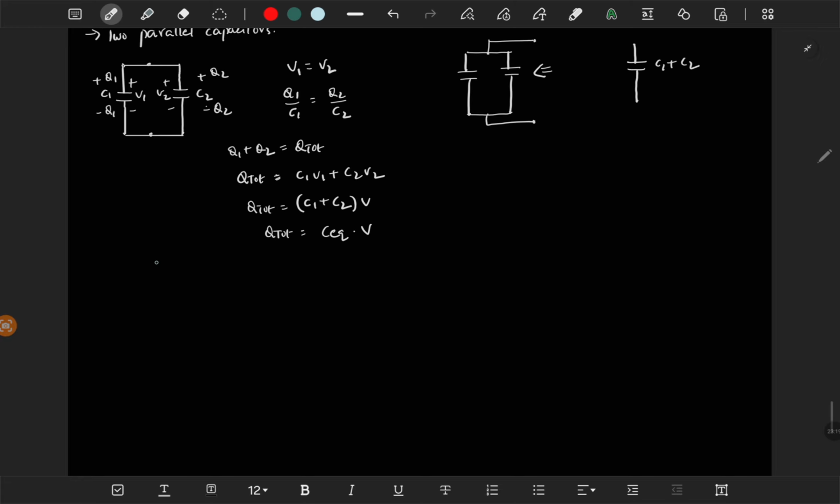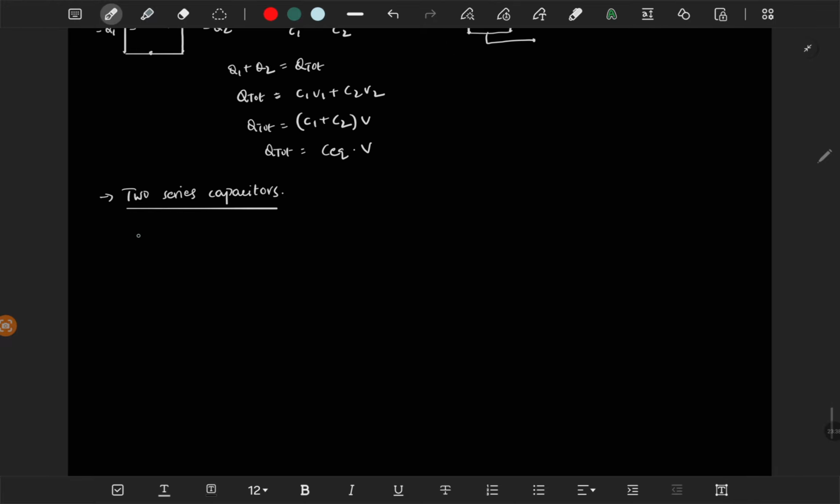So similarly, if you have two series capacitors C1, C2, apply some voltage V here, then this is V1, this is V2.